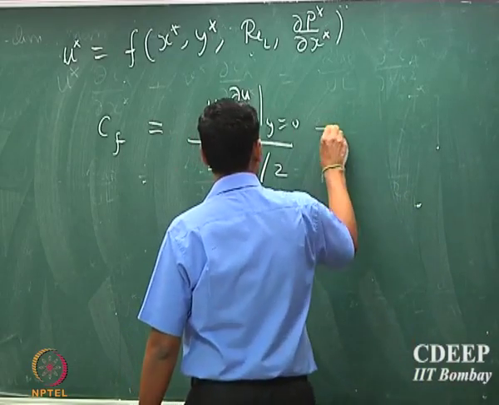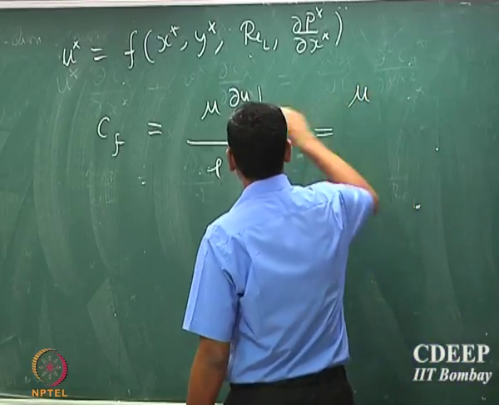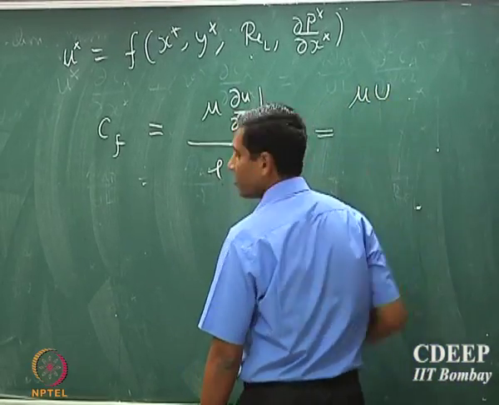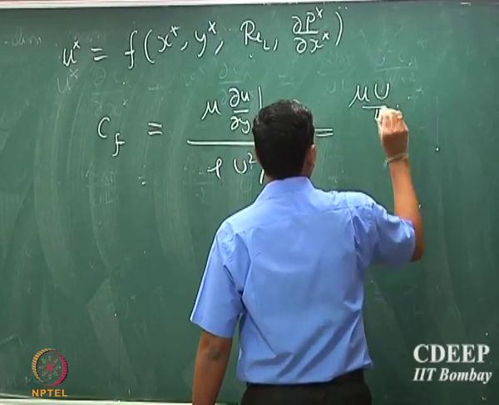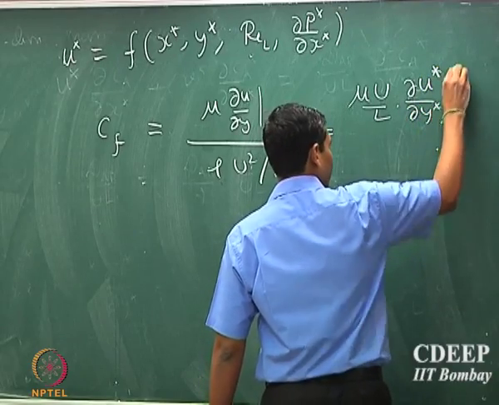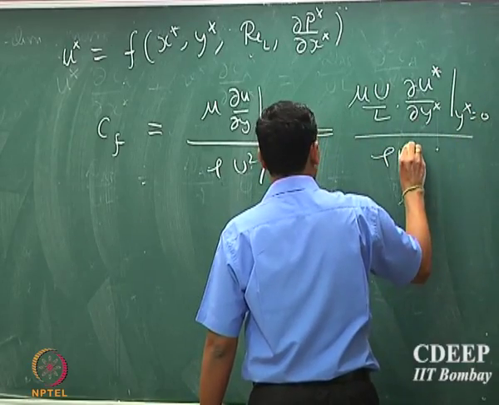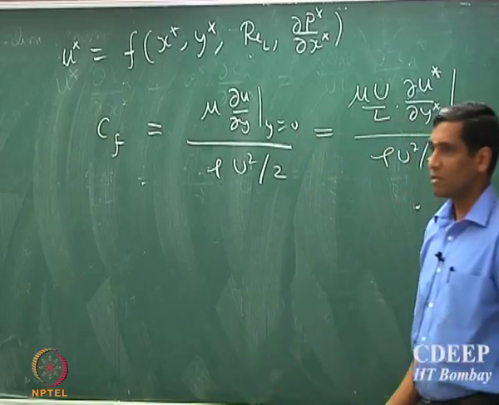So now if I convert this into dimensionless quantities, that's mu, the scaling for u is capital U divided by L, into dou u star by dou y star evaluated at y star equal to 0, divided by rho U square by 2, right?